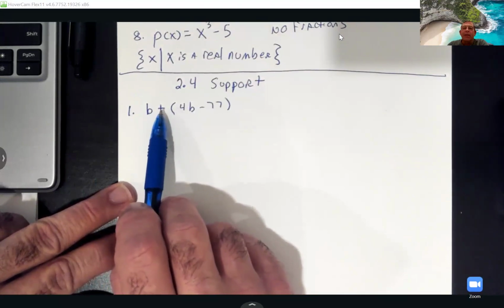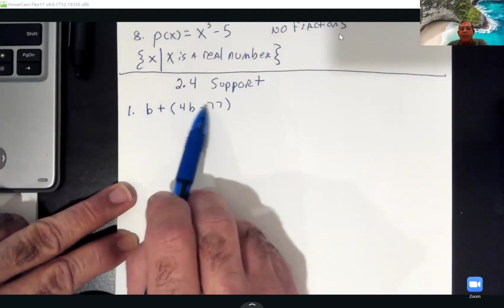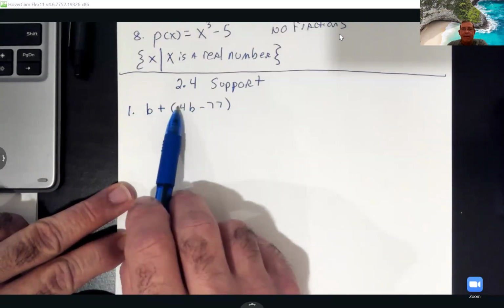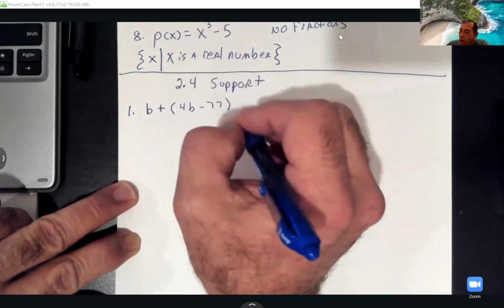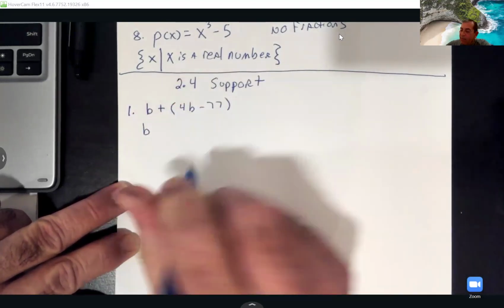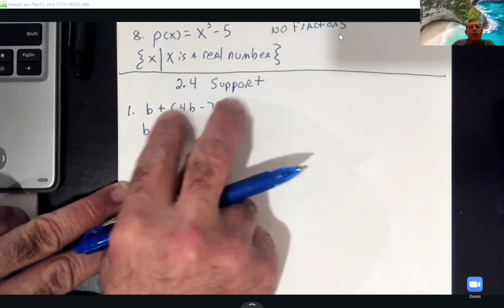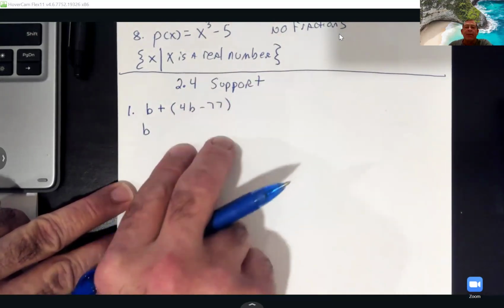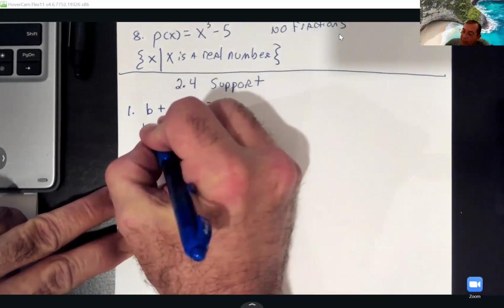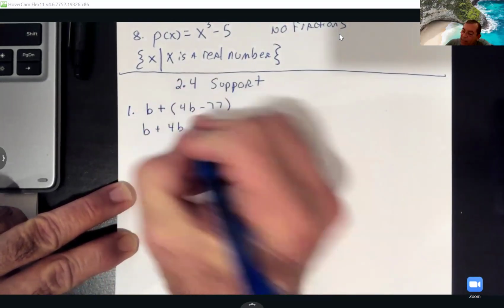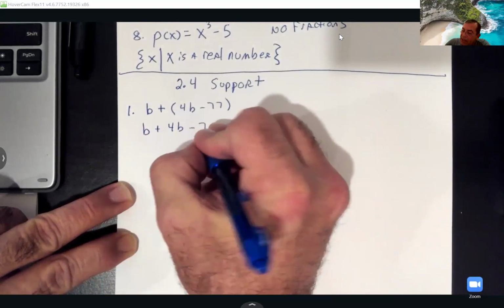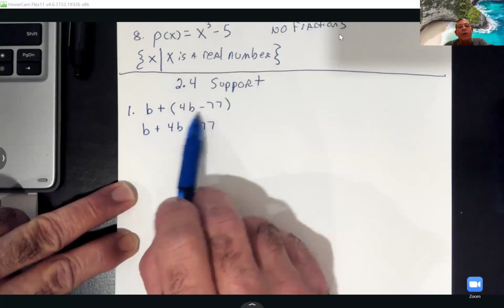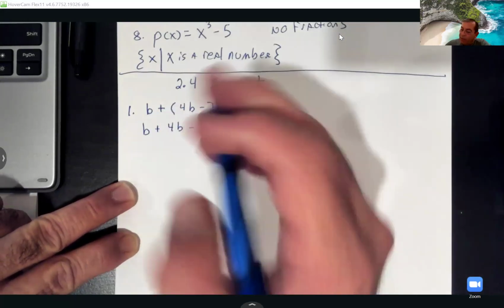And basically, we're just multiplying by a positive, which is not going to change the signs. So treat it like a 1. So this B would come down. Basically, if they're following a plus like this, you drop the parentheses and everything comes out with the same sign. So that this will be a plus 4B and then minus 77. So instead of it being like a -1, you treat it like a +1.